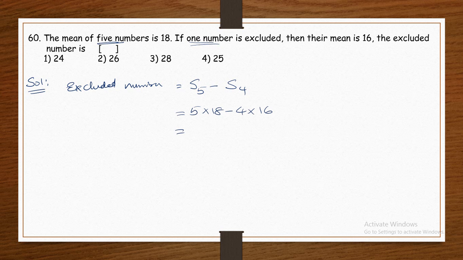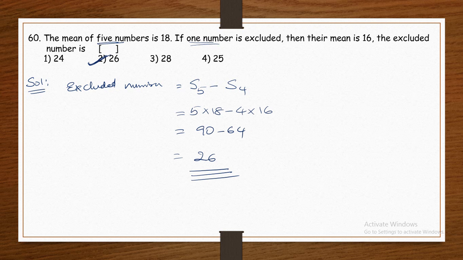So simply you can make use of this formula. 18 5s are 90, 16 4s are 64. Then when you subtract, you are going to get the answer as 26. Hence the answer is 26. So likewise we can find out the value, right? In this particular manner also we can find out the excluded number or the included number.